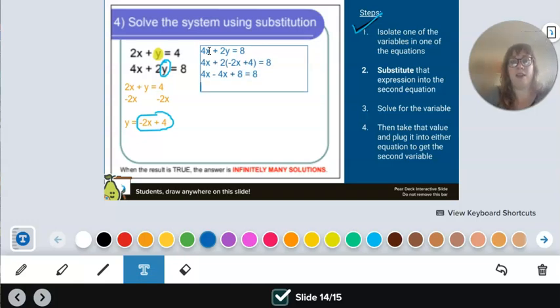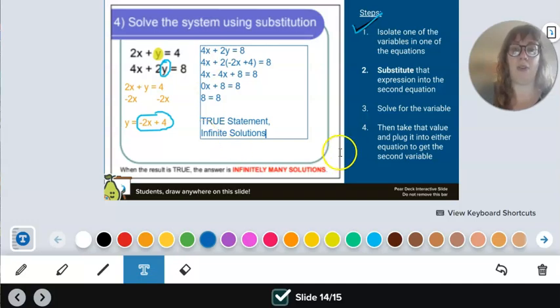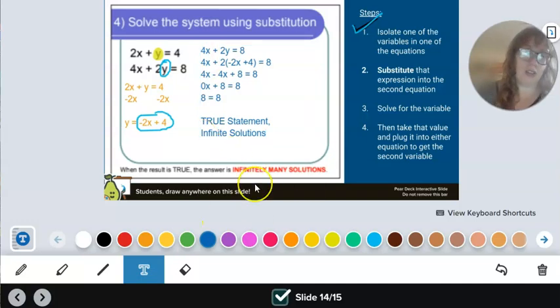And 4x minus 4x is 0x, which cancels out to just 0. So we have 8 equals 8. So this is a true statement. So this means we have infinite solutions because our variable canceled, but we have a true statement. Beautiful. So these two lines are actually the exact same line.